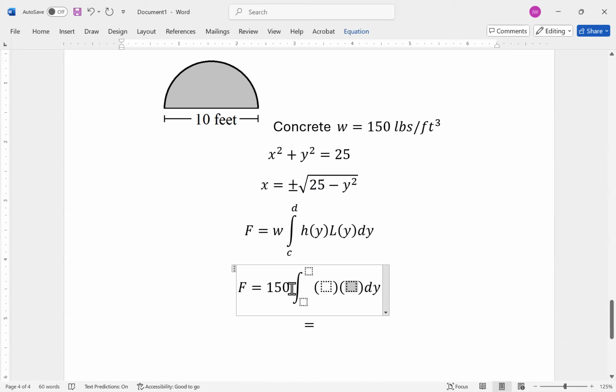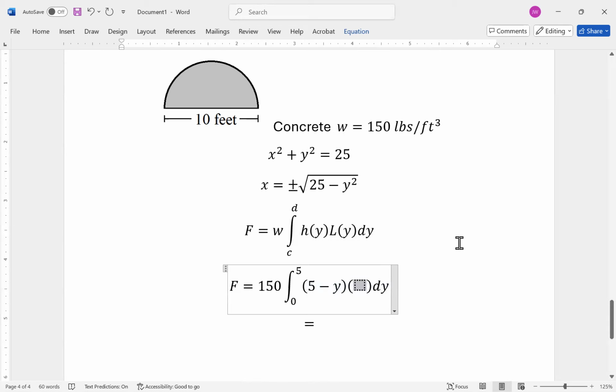Concrete has a weight density of 150 pounds per cubic foot. We're going to be integrating from the bottom of the circle, which is a y of 0, to the top of the semicircle, which is a y of 5. The depth of the concrete is always going to be 5 minus arbitrary y value.